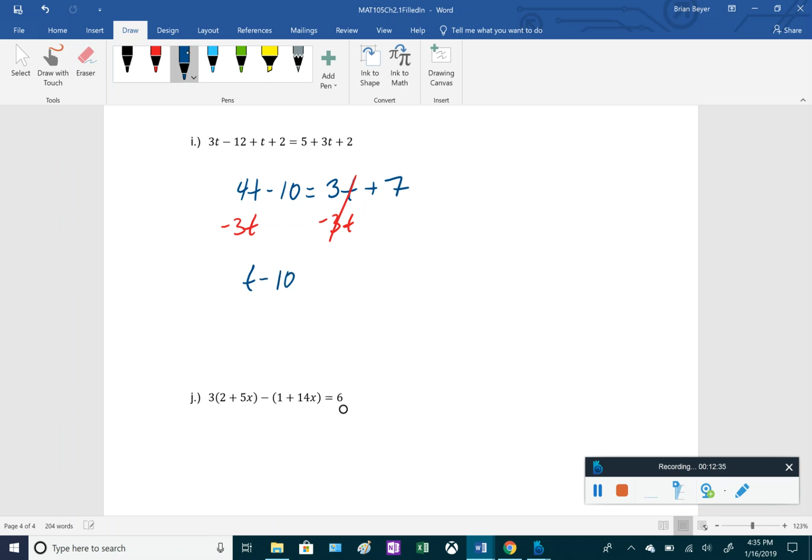So t minus 10 equals 7. We want to add 10 to both sides. So this is going to give us t equals 7 plus 10. t equals 17.